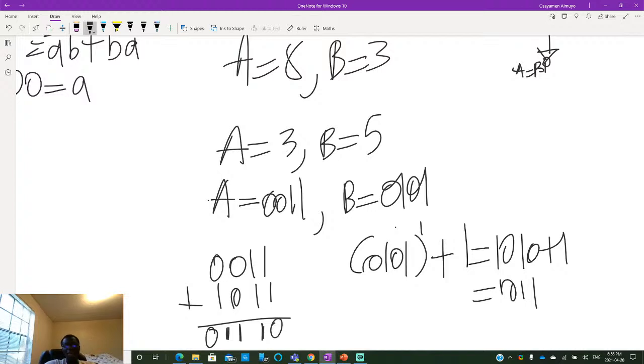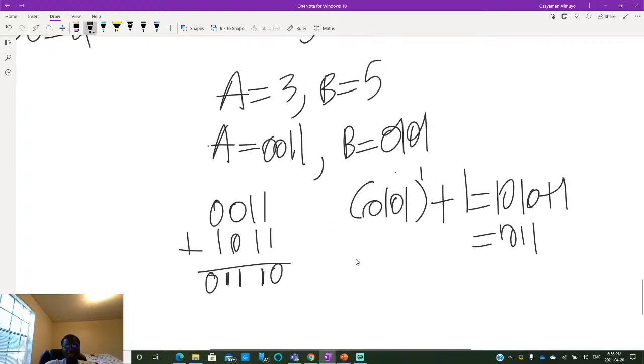Hold on, 1 second. I forgot to mention that whenever you're performing two's complement and your result is a negative number, you don't get the result directly. You have to perform two's complement again before you get the actual result.